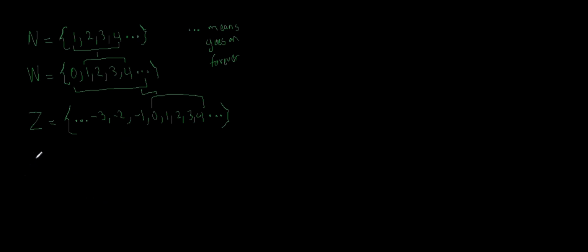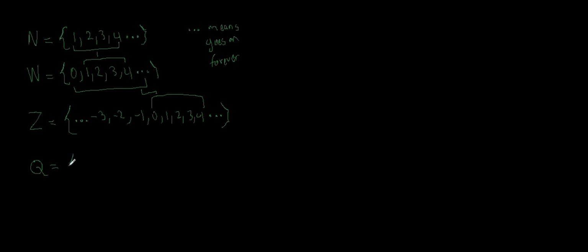So now we have the set of fractions, but before we talk about the set of fractions or rationals, Q is the symbol. The symbols I'm using here are the symbols in mathematics for these sets or for these numbers.